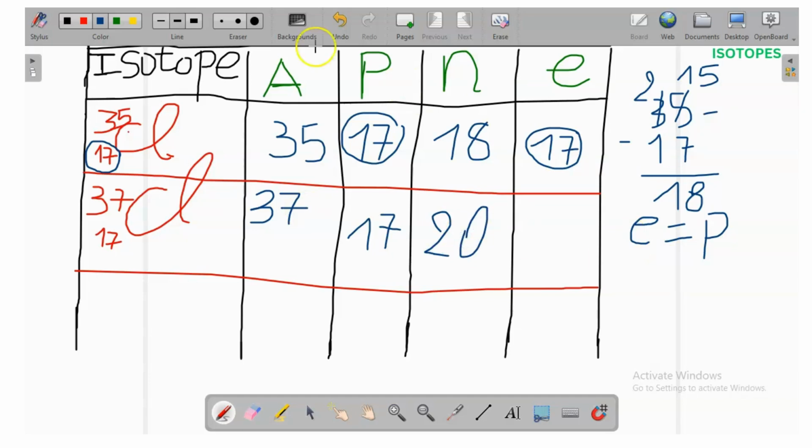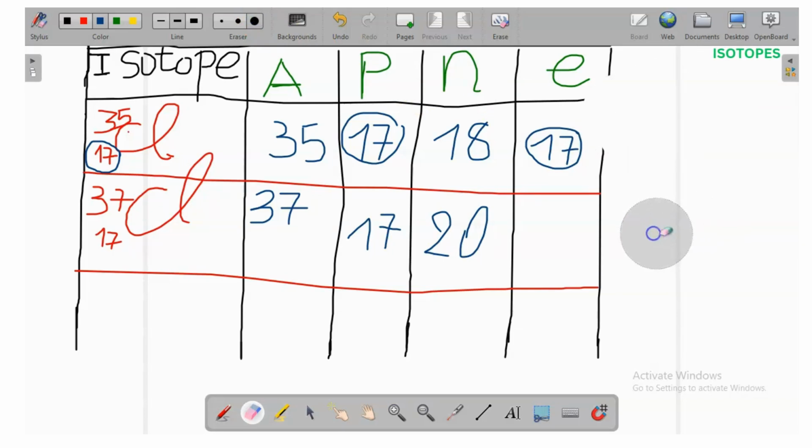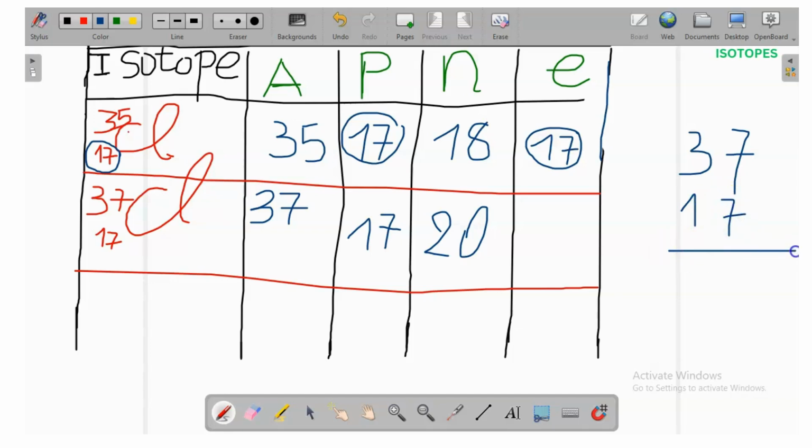Let us check: 37 minus 17 is 20. Let us continue by filling in the number of electrons, which is equal to the number of protons. Here it is 17.